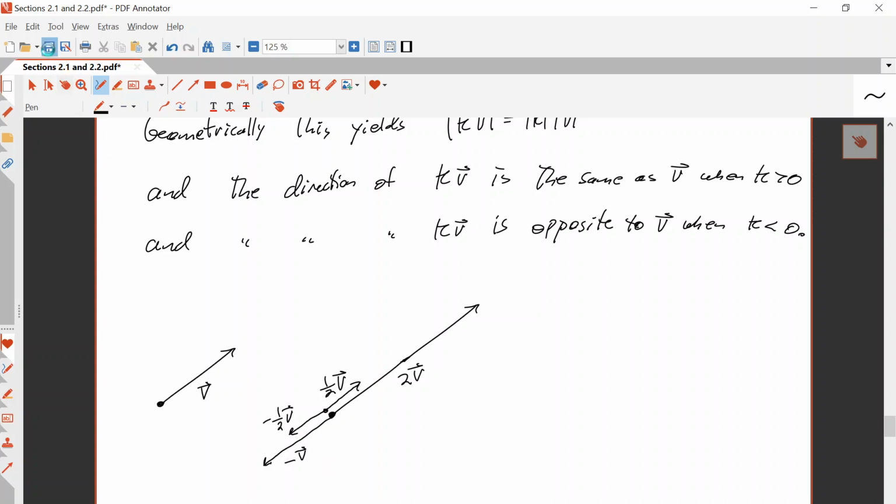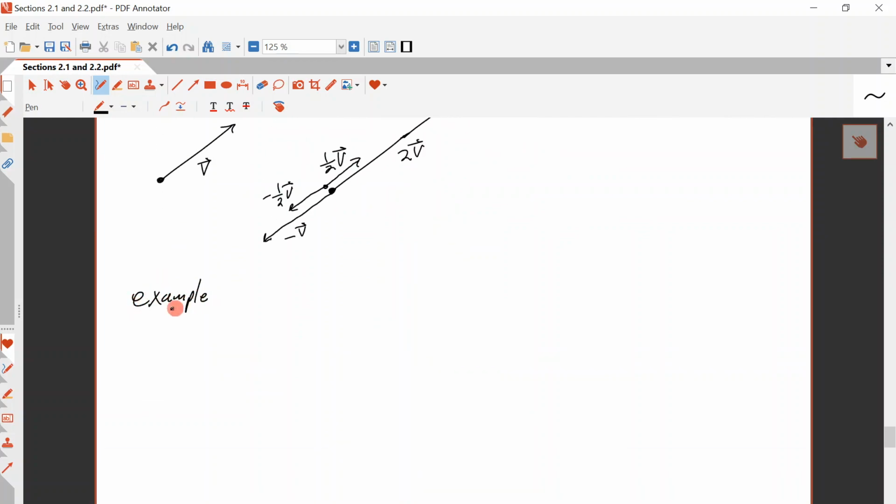Okay? A vector, so for example, we'll say V is, how about this? 1, 2, negative 1.